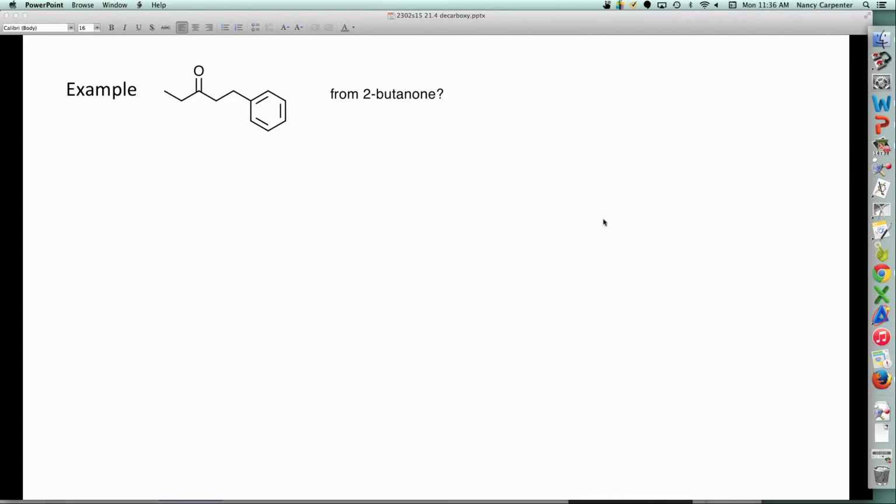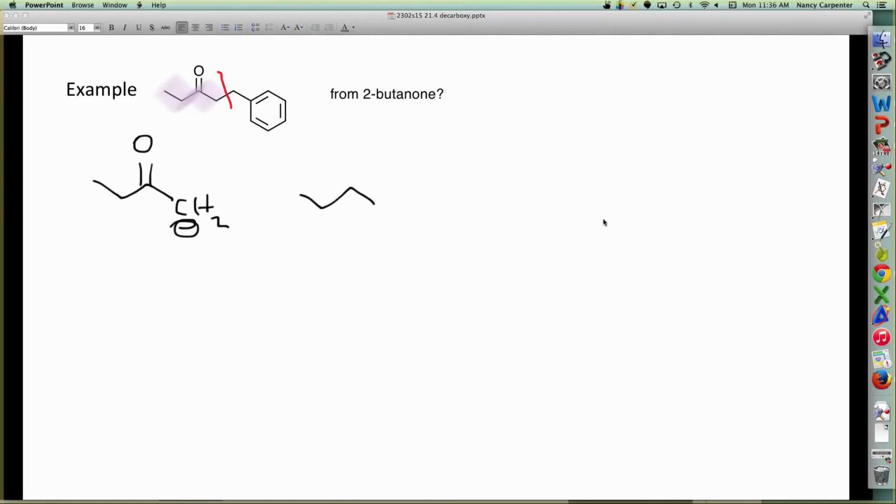So for example, if I want to try and make this ketone from 2-butanone, you're probably going to look at it and say, well, it's pretty clear that makes sense, that would be the 2-butanone. And that's certainly screaming enolate chemistry. I would want to take this enolate and add this electrophile.